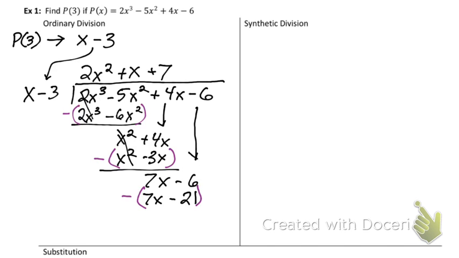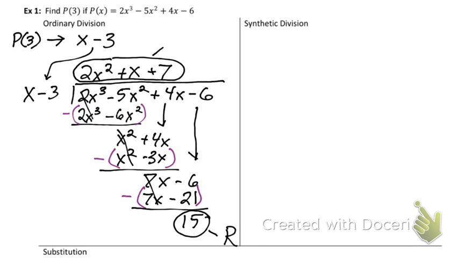We are subtracting. 7x minus 7x is 0. Negative 6 plus 21 is going to equal 15. That 15 is called our remainder. We're out of stuff to divide. I'm also going to note that this 2x squared plus x plus 7 is our quotient.